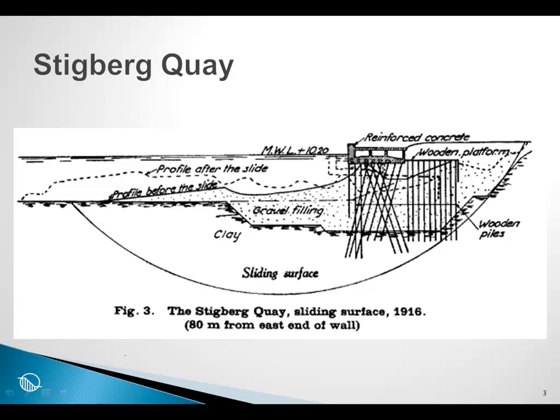Here is a cross-section of the failure. Notice the circular sliding surface, and the profile after the slide and the profile before the slide. Obviously this structure failed, and there was interest in attempting to analyze this failure using the method of slices.